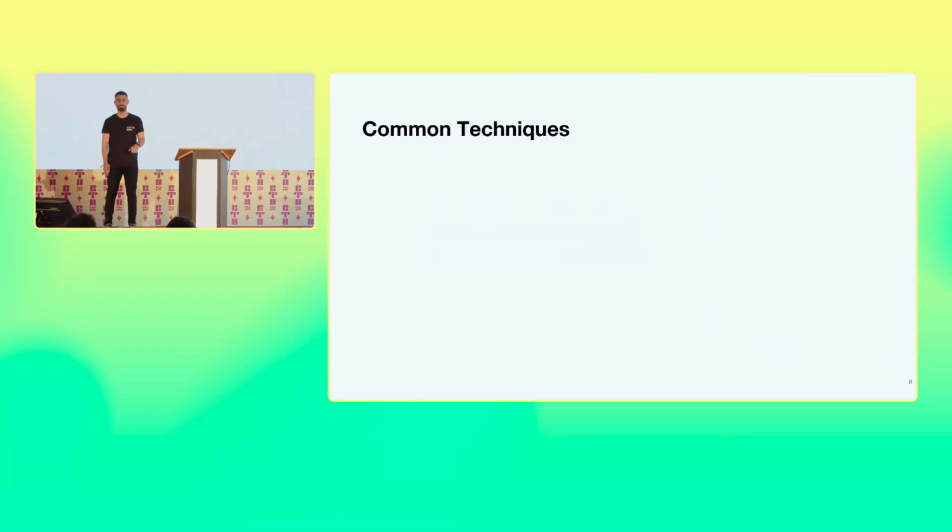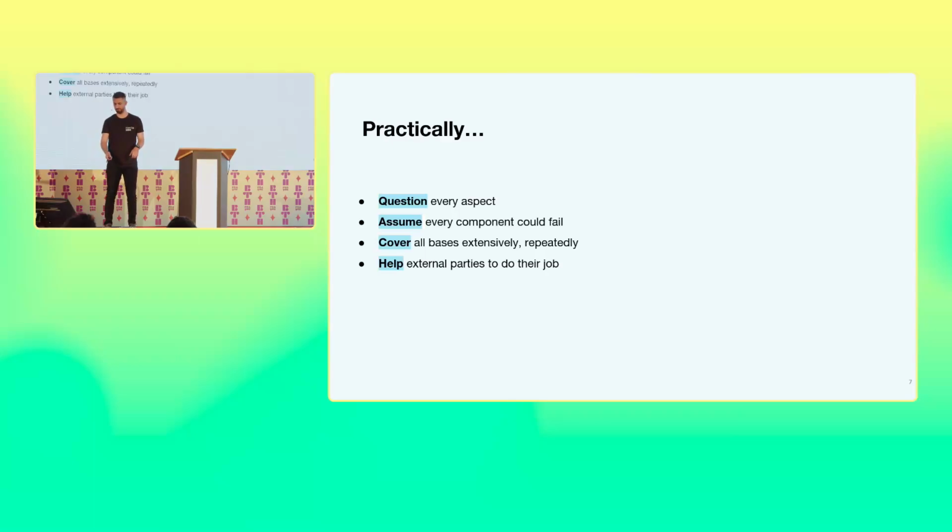If you are going to remember a single thing from this talk, it should probably be this slide. So practically, you need to question every aspect of your system. You need to assume every component could fail. You need to cover all your bases extensively and repeatedly, and you need to help external parties to do their job.